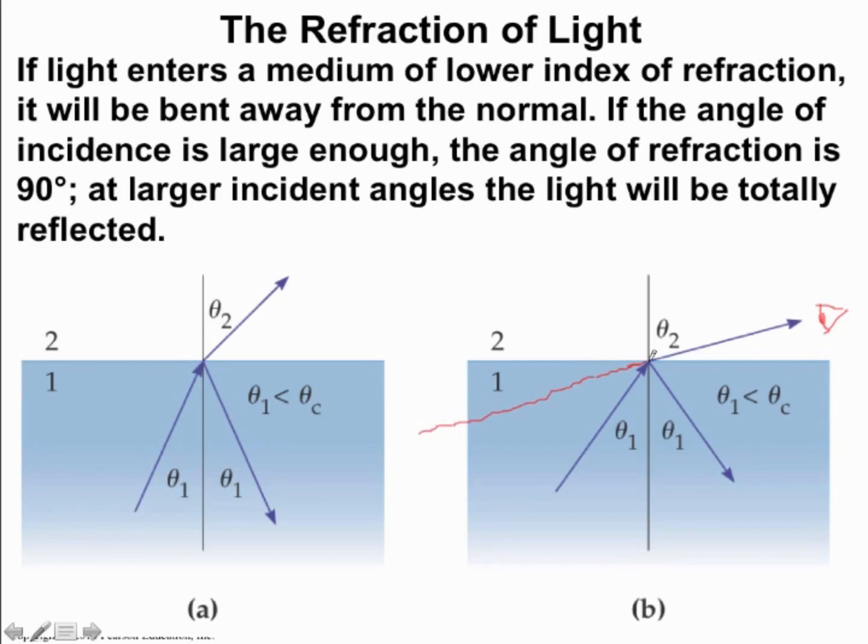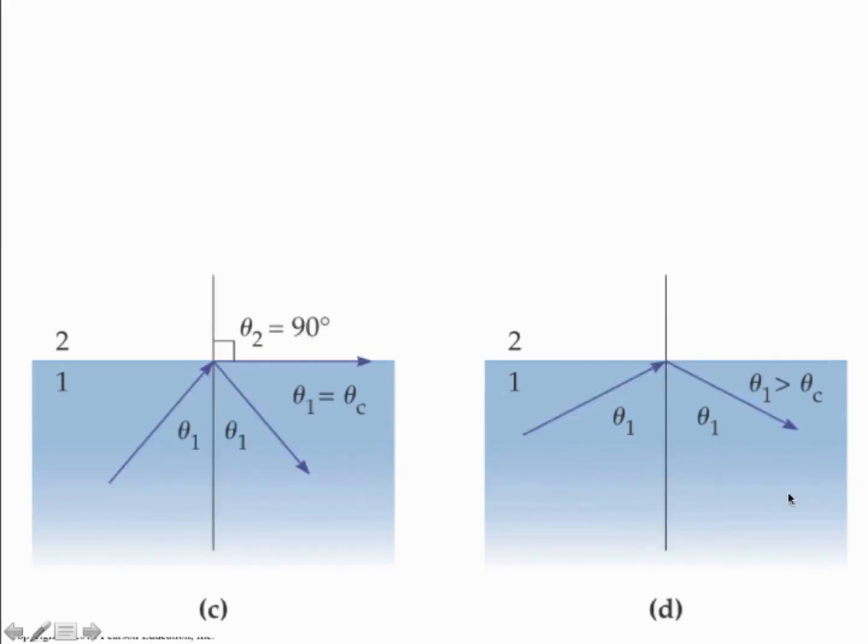But the eye thinks that it's seeing something over here, when actually the thing that it's seeing is right here. Let's say that's an object. So the eye is already thrown off even at this angle, but theta 1 is still less than the critical angle.